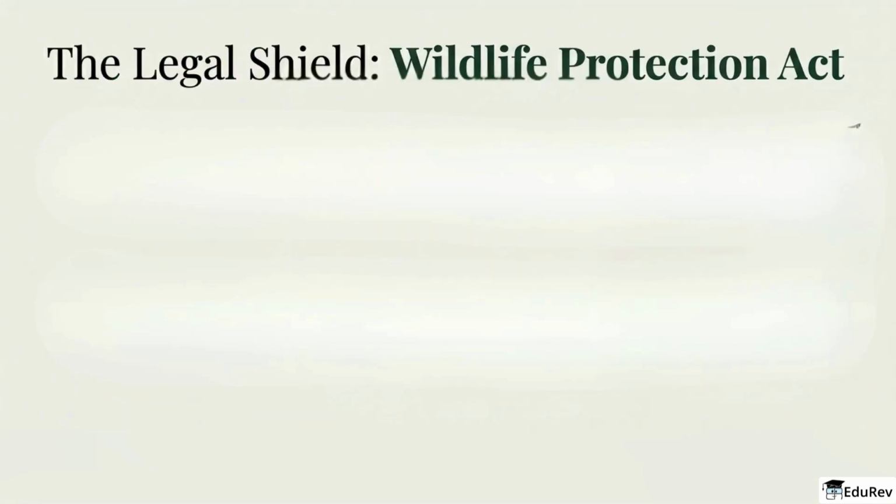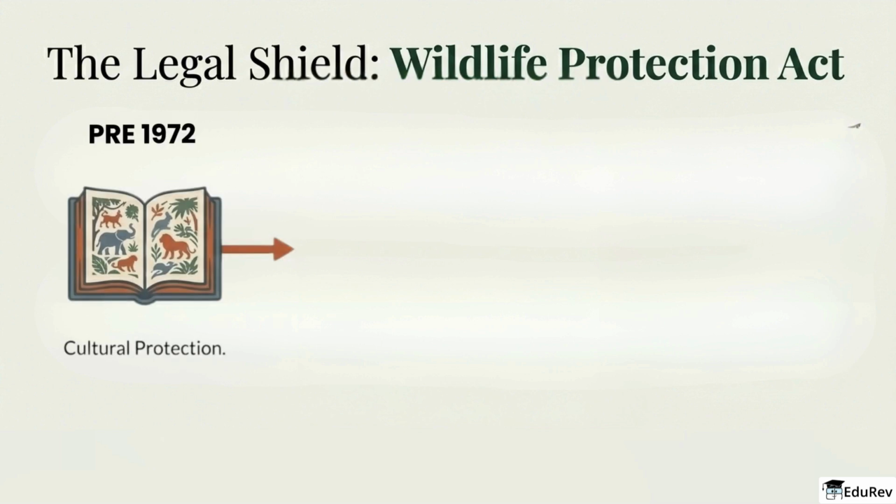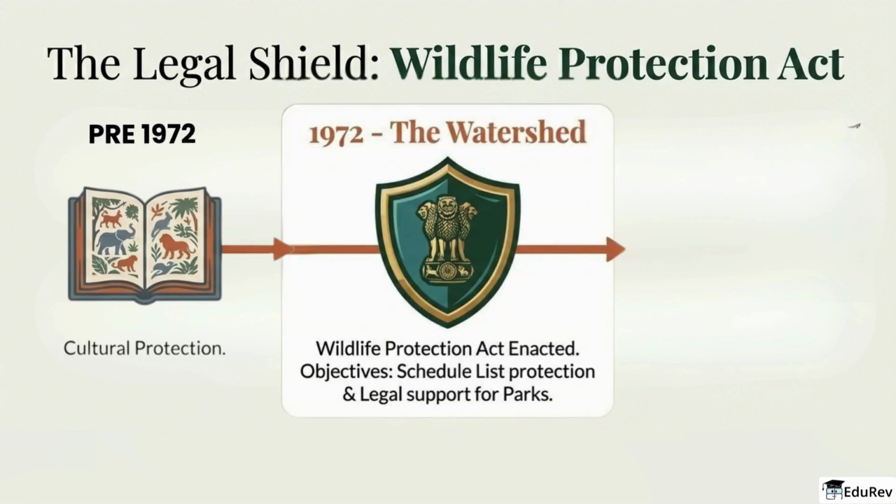Now we move from classification to law. The Wildlife Protection Act. Before 1972, protection was mostly informal or cultural. Then came the watershed year, 1972. This is when the Wildlife Protection Act was enacted. Its two core purposes are clearly shown here. First, protection through scheduled lists, and second, giving legal support to parks and protected areas.